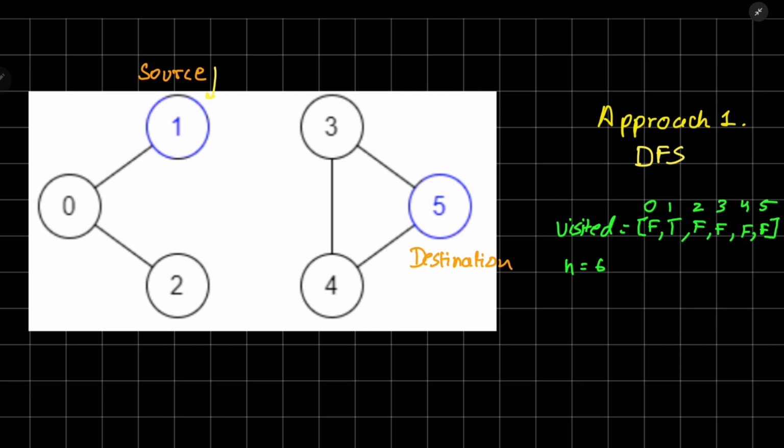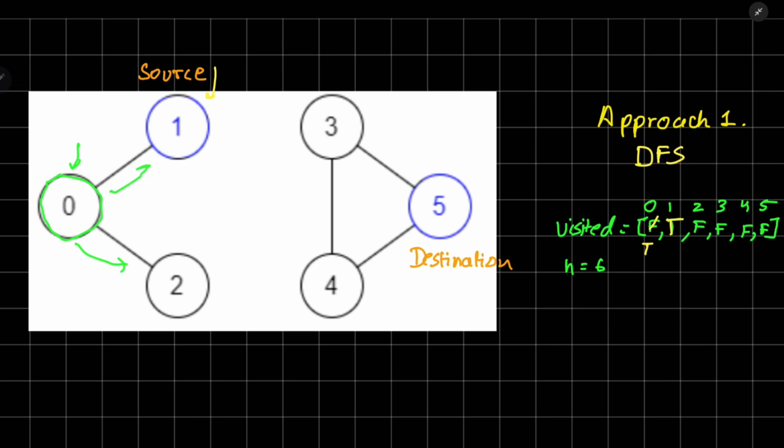Now we will check all the neighbors of 1. For checking all the neighbors of a vertex in DFS, we will have to make an adjacency list, which you can see in the code, or we will see in the pseudocode. The neighbor of 1 is 0, so now DFS will be called on 0, and 0 will be marked as visited. So now 0 is also true, and then we will check the neighbor of 2.